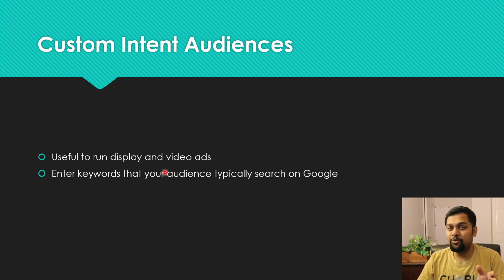One good way to refine your ad and to make sure that it only reaches your audience is to enter keywords that your audience typically searches on Google. And that way, Google can create a custom audience out of that, and then you will be able to reach only those audiences based on the keywords that you input.